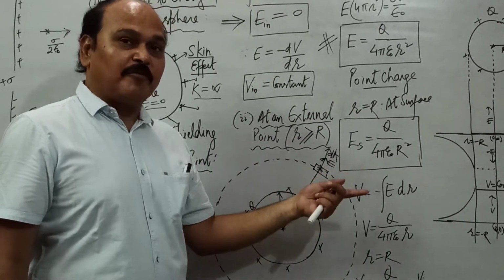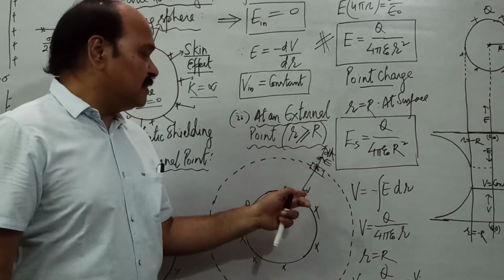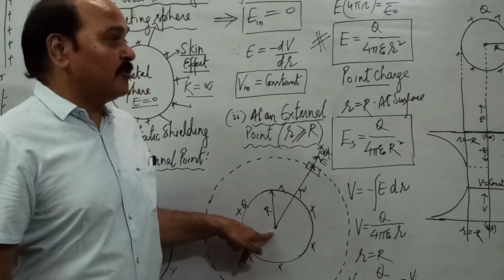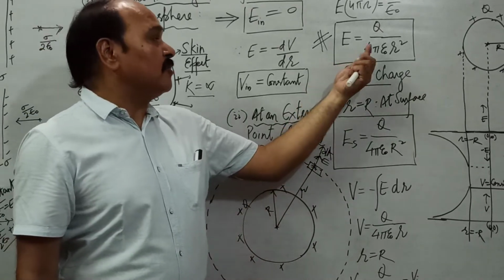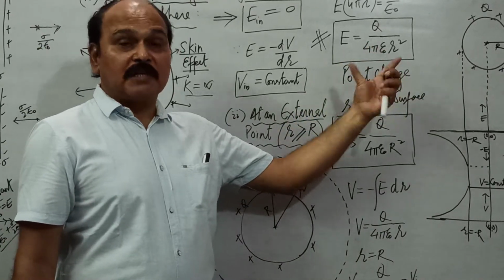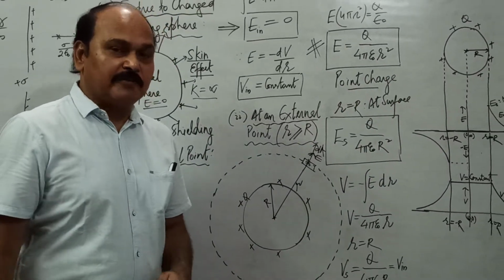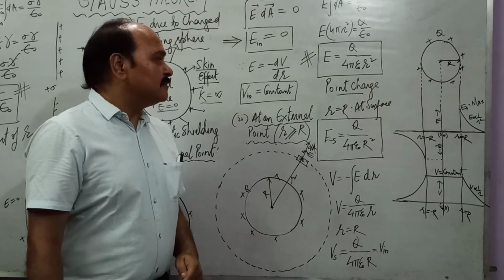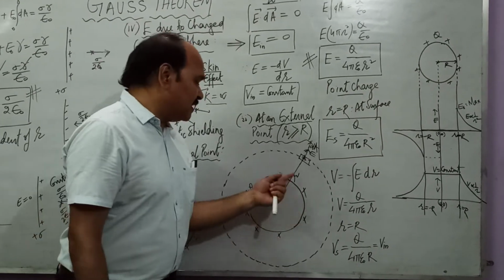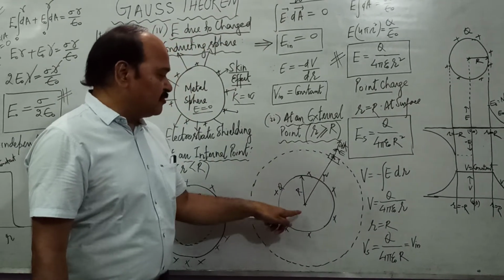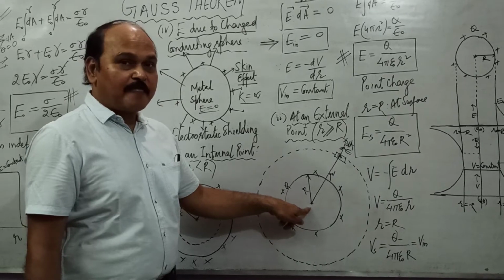So for any external point, the whole charge of this sphere can be taken over its center as a point charge. Why? It is simply because the result is so. The result speaks that, and that is also experimentally verified. So what is the point charge? The charge of the sphere can be assumed to be taken over its center.